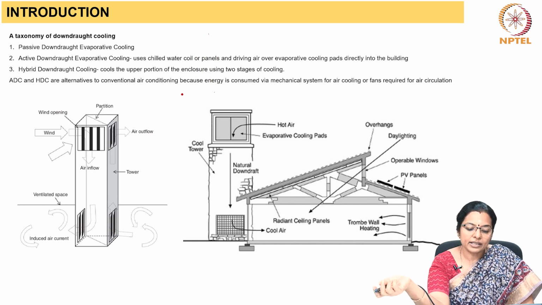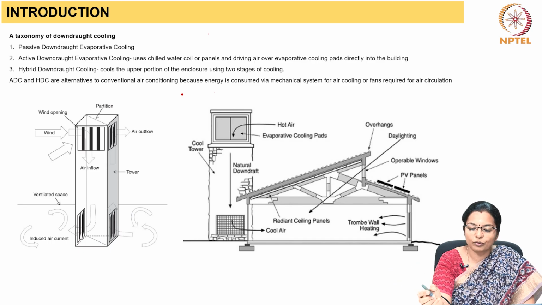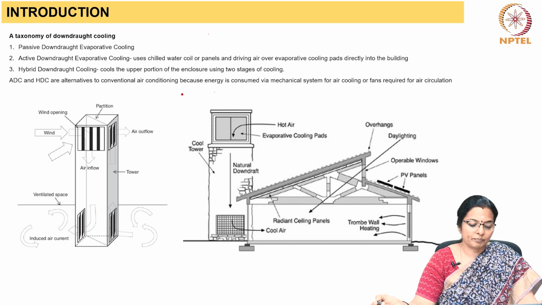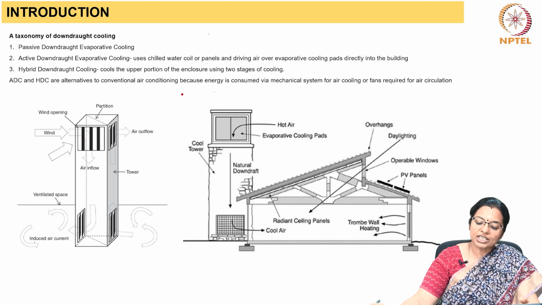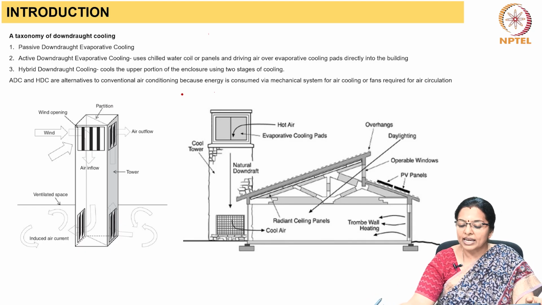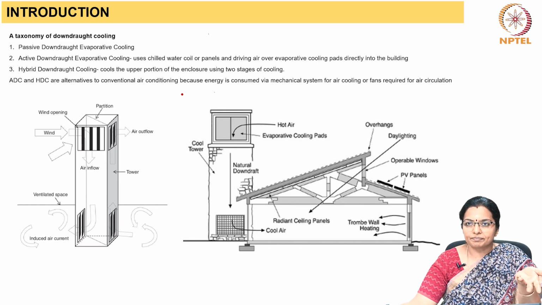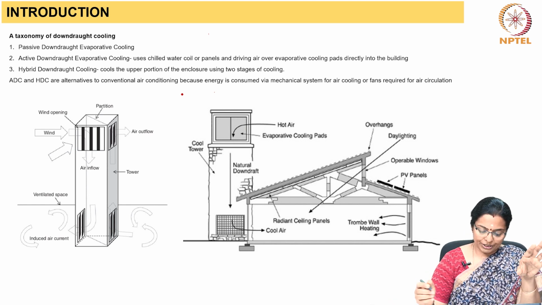There is a hybrid downdraft cooling which has the coils in the upper portion of the enclosure using two stages of cooling. You have active downdraft as well as hybrid downdraft cooling. These are alternatives to conventional air conditioning because energy is consumed through mechanical systems for cooling the air, and fans are required for air circulation.